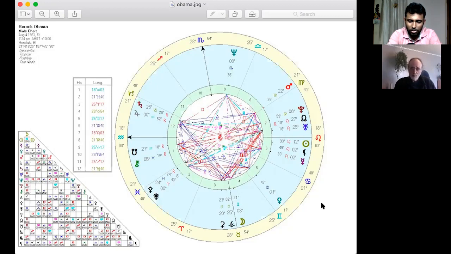Yeah, I think that's very descriptive of Mr. Obama's public life and the way he transformed as a personality in order to lead a public life and rise to greater positions in administration. And North Node in the seventh house.